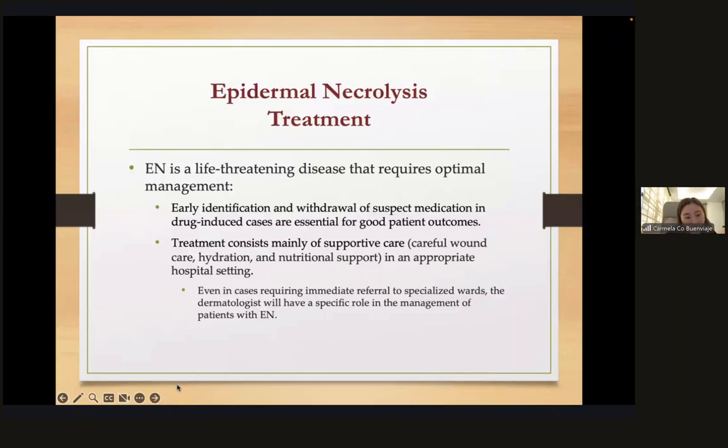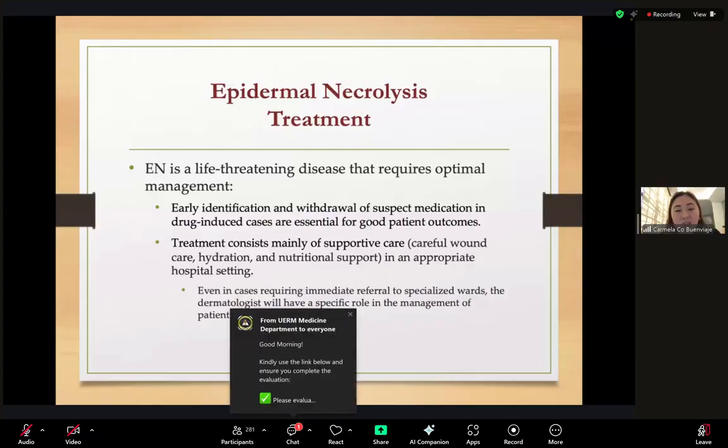Okay, so for treatment, epidermal necrolysis is a life-threatening disease that requires optimal management. Early identification and withdrawal of suspect medications in drug-induced cases, which are most oftentimes drug-induced, are essential for good patient outcomes. So that's the most important part of the management: early identification and early withdrawal of suspect medications.